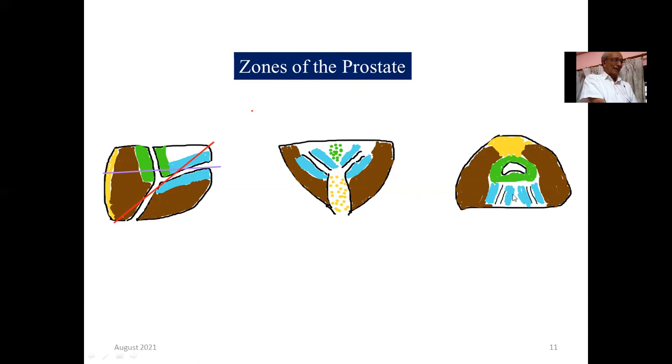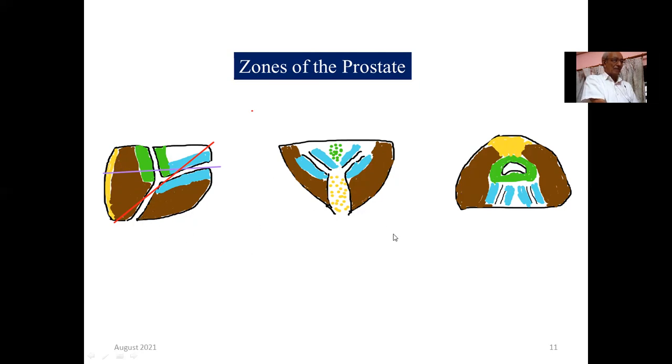In sagittal section, if it is median or even a little bit off the midline, you can see that one, but you can't see the peripheral zone. So this is schematic. Remember that.